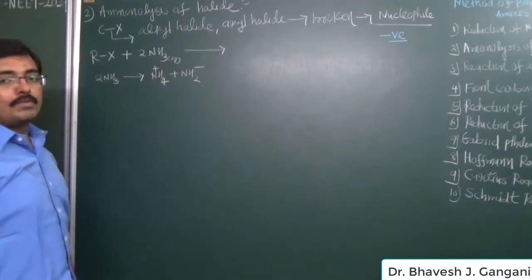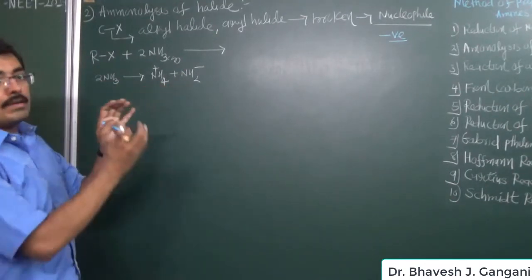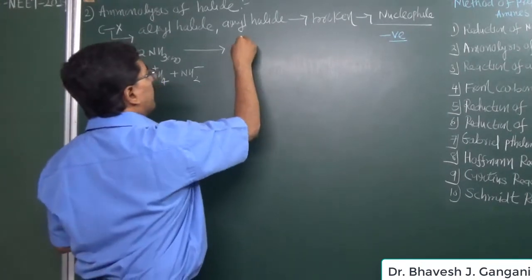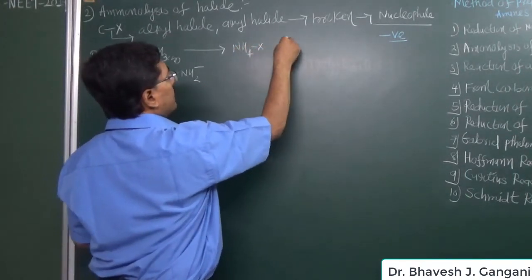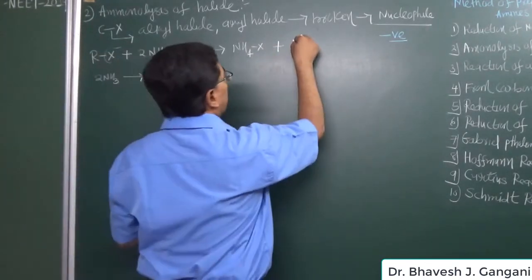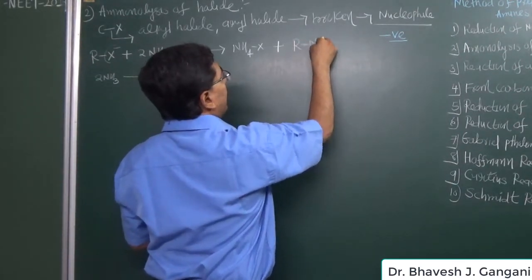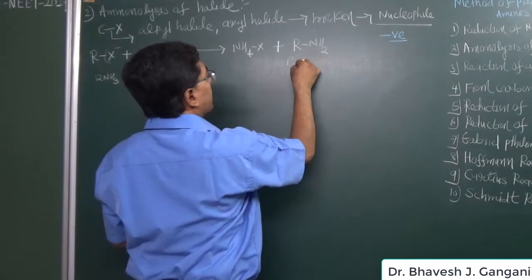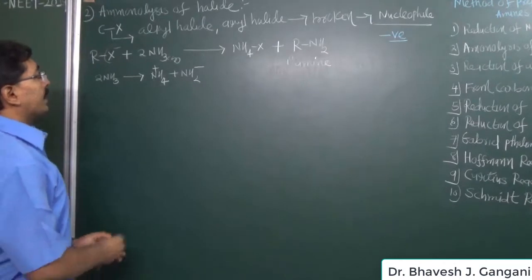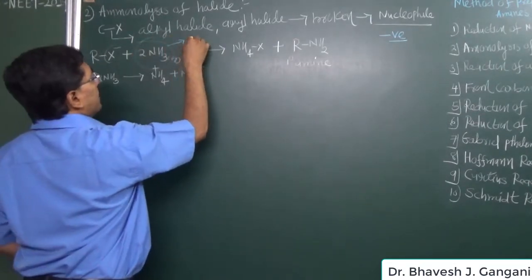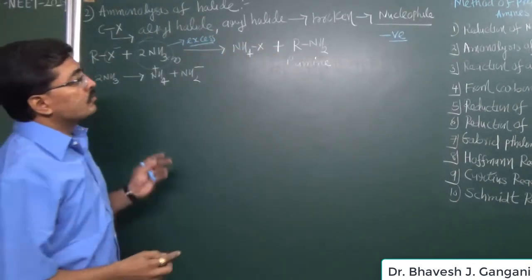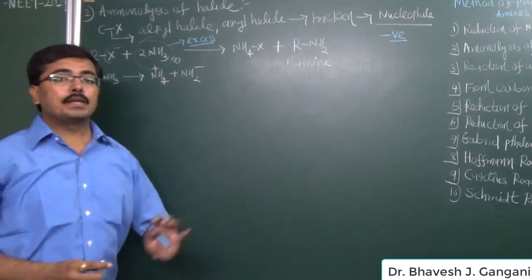This nucleophile NH2 minus will be generated and substitutes the halide. The halide combines with NH4 and is removed in the form of NH4X, ammonium halide, and the halide is substituted by the nucleophile NH2, and as a result we get RNH2, a primary amine. In order to obtain a primary amine, we have to take ammonia in excess. So by using this method, one can obtain a primary amine.